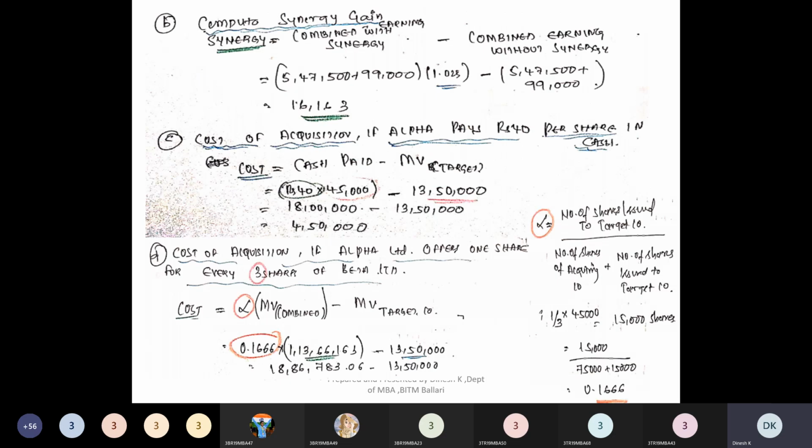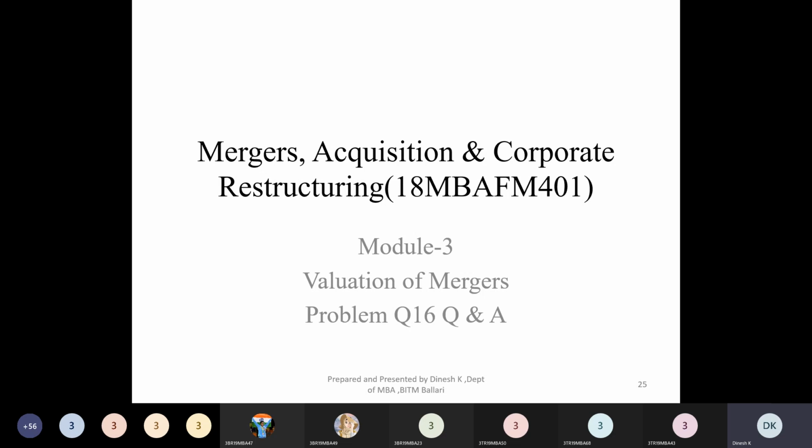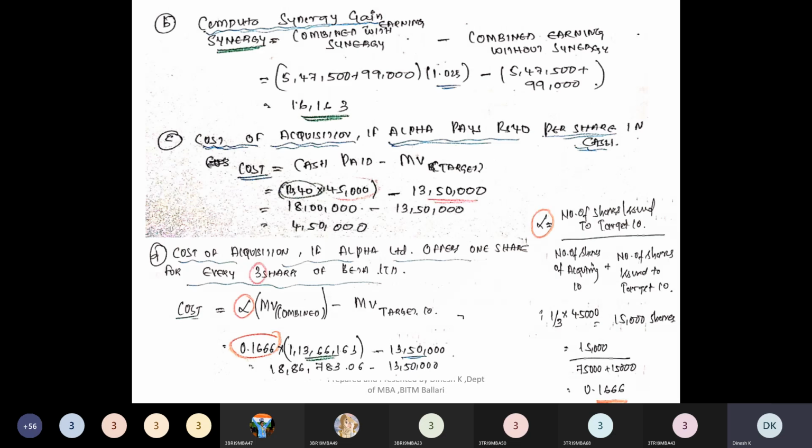So simplify this, and you will be getting the value of what we call the cost of acquisition, right? Okay, got it? So can you simplify and tell me what the value is here?